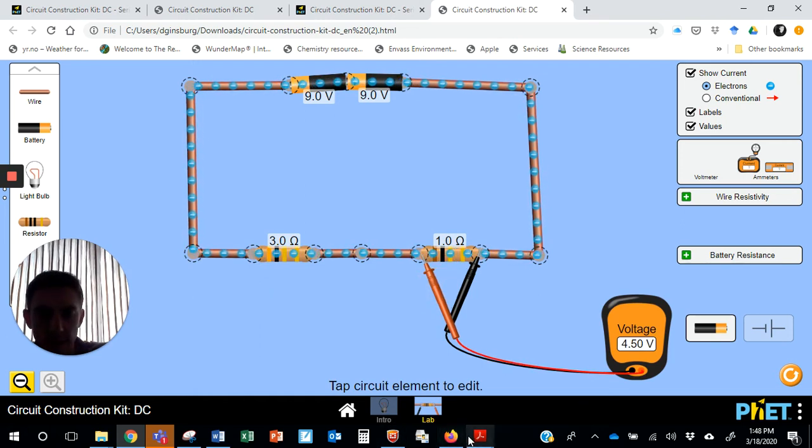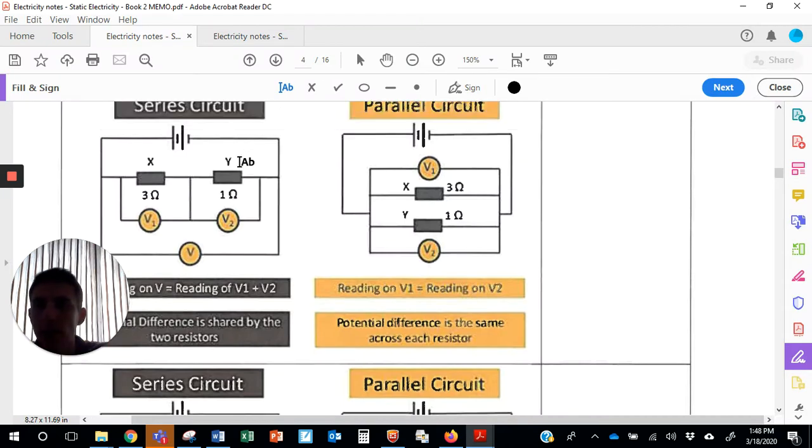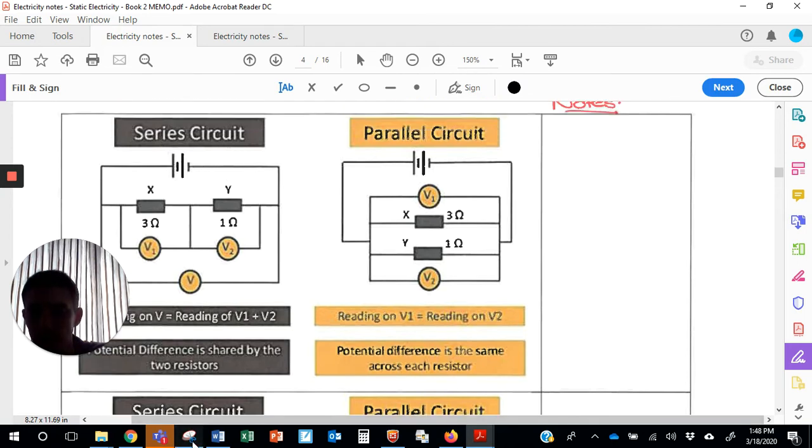So on your diagram, you can even put little labels in. You can say that this is 18 volts. If I were to add a voltmeter across here, it would be 18 volts. Let me do that for you guys.